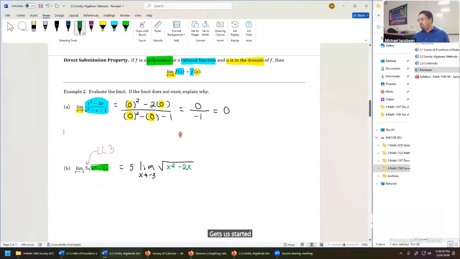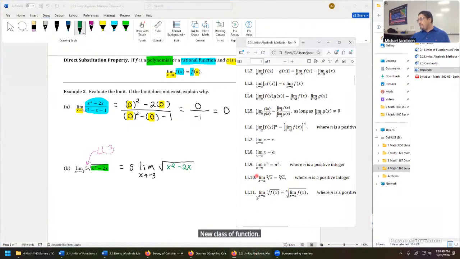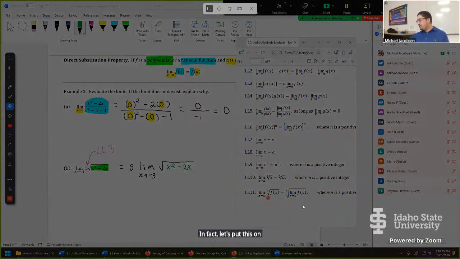We're on our way with this one, but still, I can't use this direct substitution property as it's stated, because if you start with a polynomial like x squared minus 2x, but then you square root it, it's no longer a polynomial. It's some brand new function composition, new class of function. So what do we need? A brand new tool like, say, limit law number 11 is a great one. In fact, let's put this on the notes to help us visualize it.